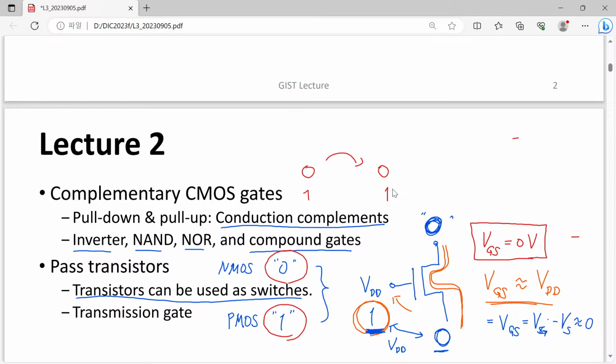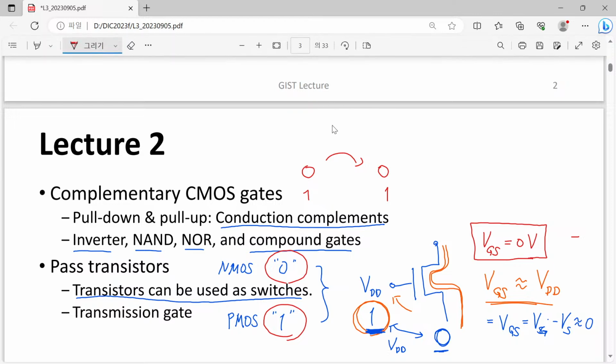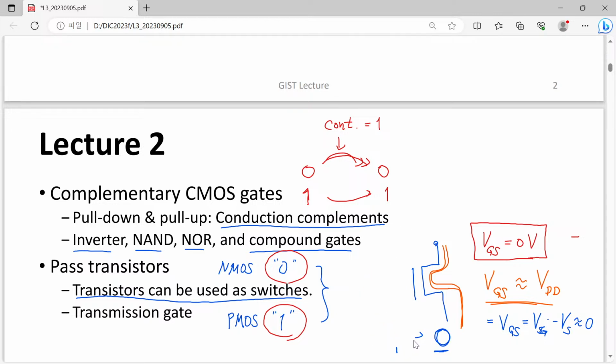Then how can we do that? Let's say that we have a control signal, and when the control signal is 1, then what we wanted is for 0 to be well passed, and even though we have a 1, we wanted to pass it quite well. How can we construct such a thing? If we just use NMOS, then it is not possible.